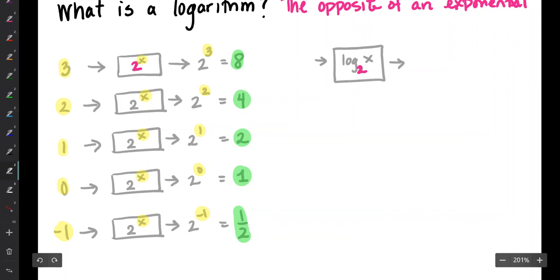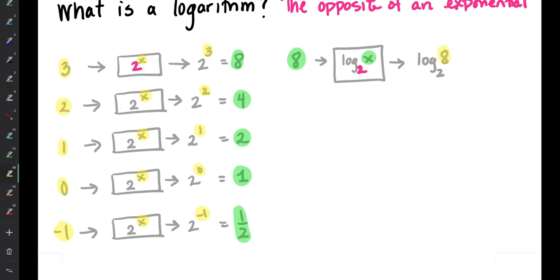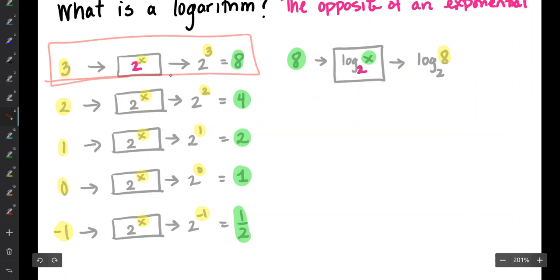If 8 goes into the log base 2 box, what's going to come out is log base 2 of 8. We know what the answer is supposed to be. It's supposed to be 3. We're literally undoing this work. Yeah? So our answer should be 3.